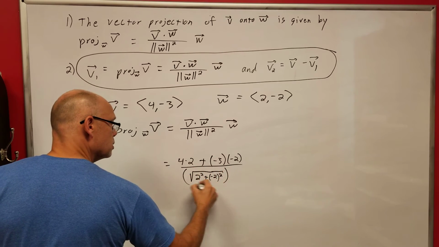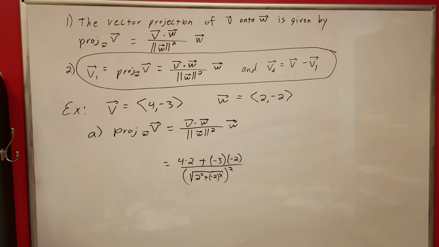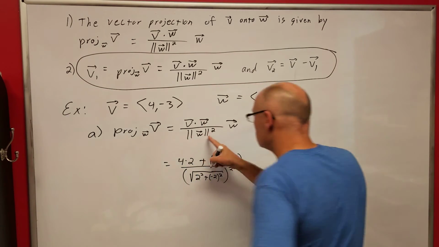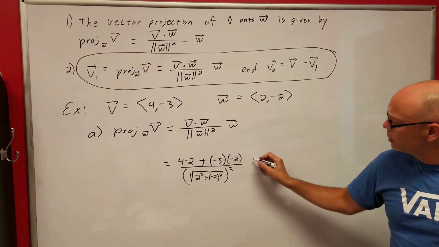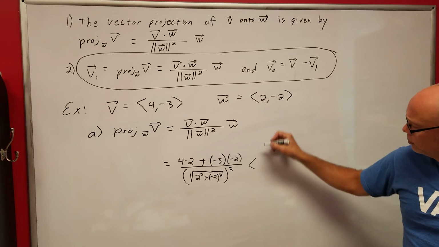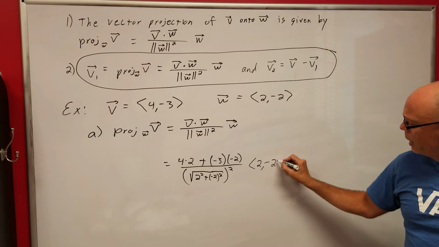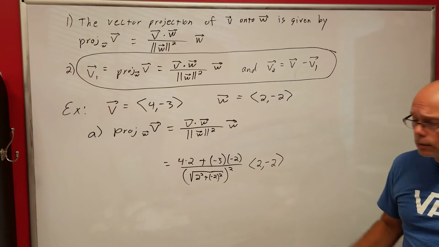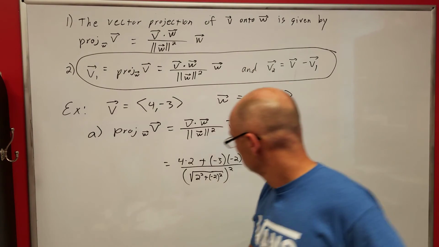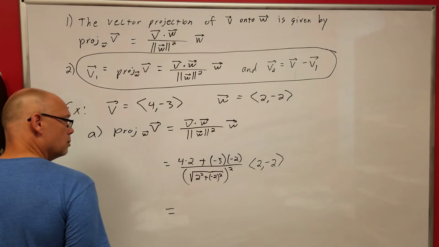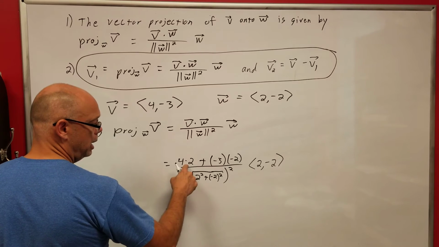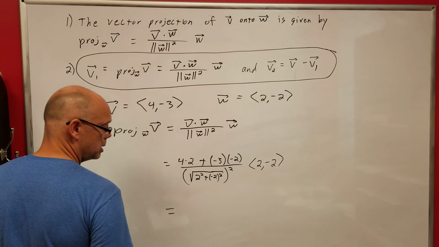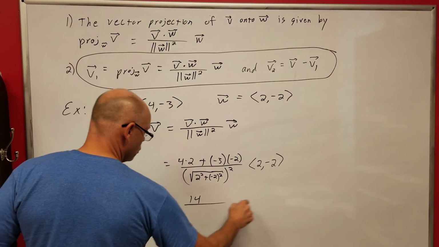But then I need to square that, because that says magnitude squared, times vector w. So times 2, negative 2. The formula actually looks worse than what it is. Let's see, what do I get up top? I get 8 plus 6, which is 14.